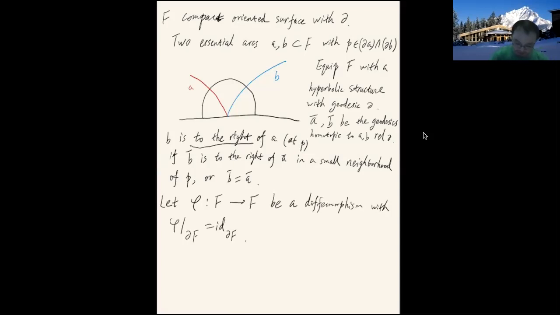Then we say phi is right-veering if phi of A is to the right of A for every essential arc.